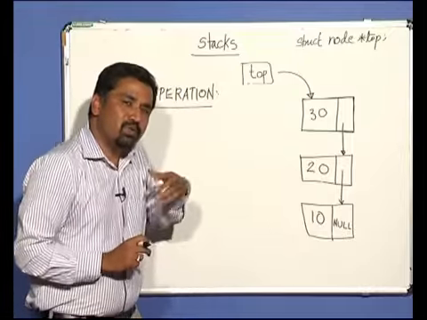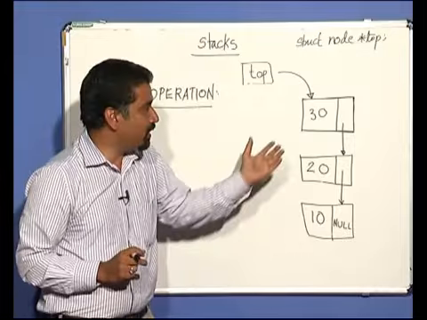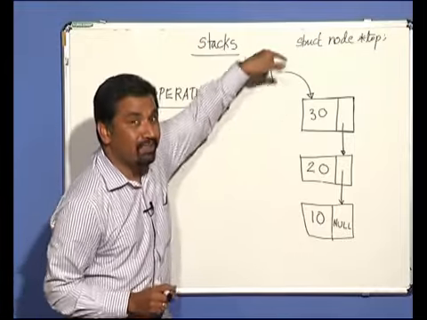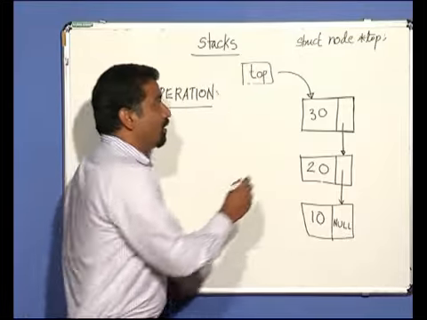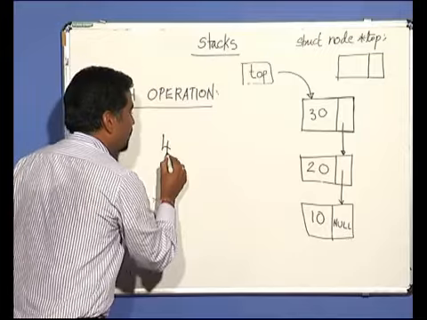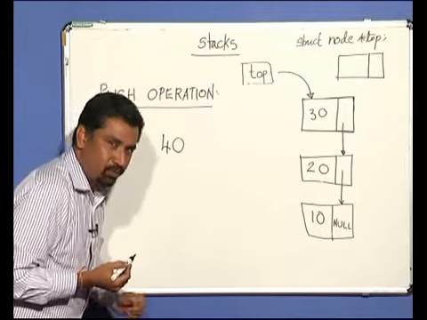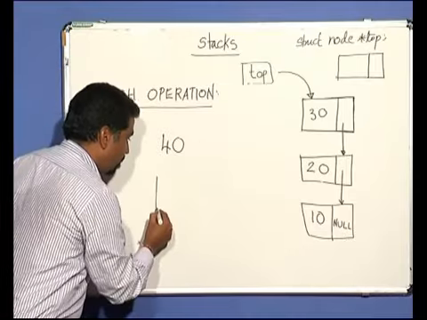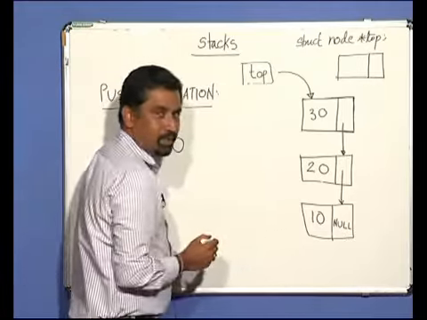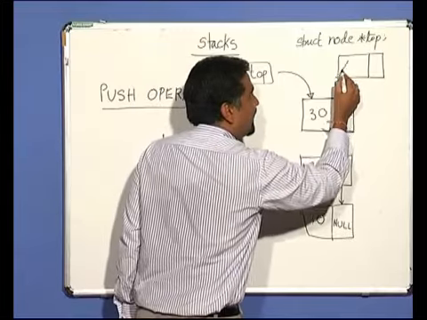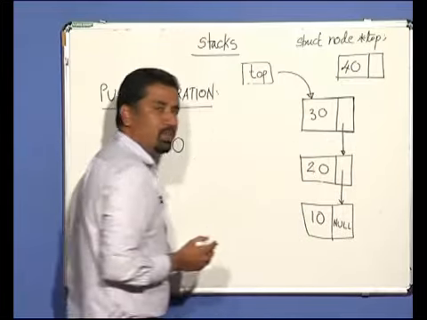Obviously, whenever you push an element into the stack, the new element has to become the first element. That is, first you create a node, assume that I want to insert the value 40, but where am I storing that value 40? Into a node like this. So first you create a node, and into the data field you put the value 40.